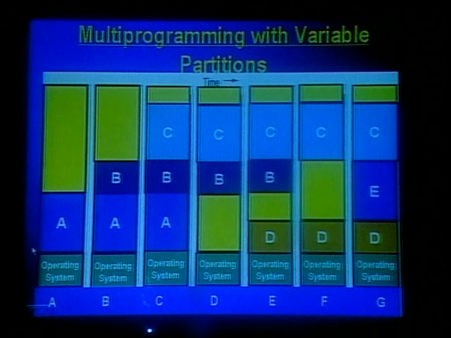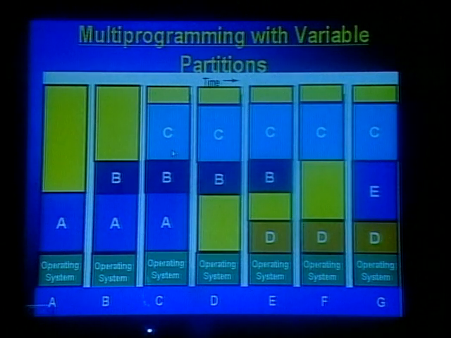Now we receive another job, and that job lands just after A, and certain more memory is allocated to job B. Now at point C, we receive another job, and that job ends up in the remaining part of the memory we see here, and now we have less memory remaining.